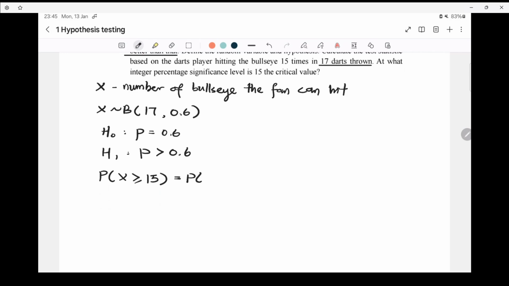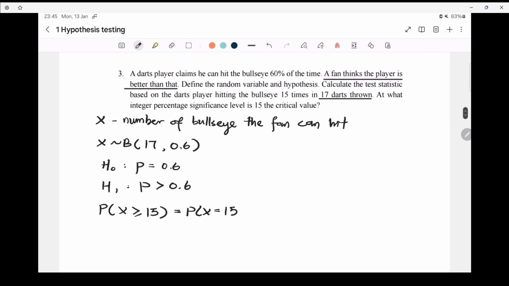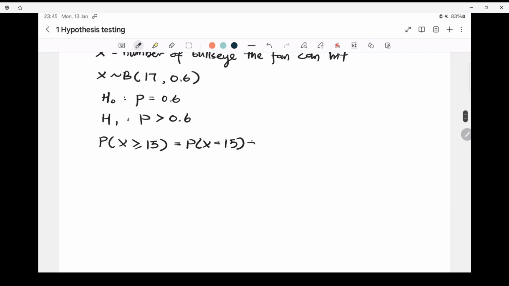So this will be P(X = 15) plus P(X = 16) plus P(X = 17).